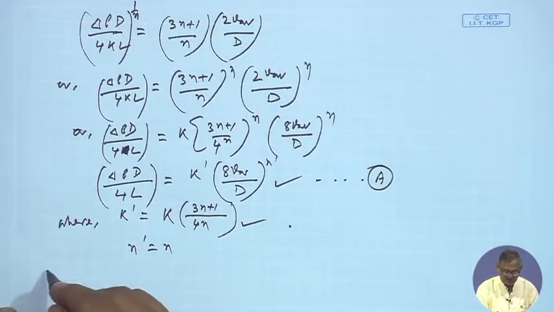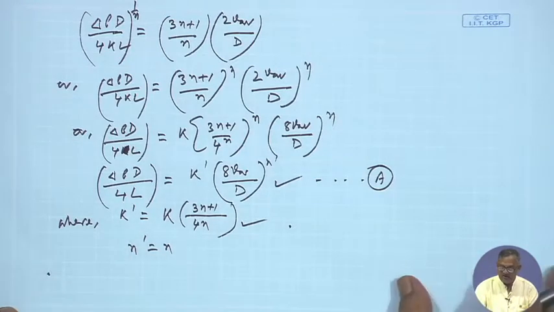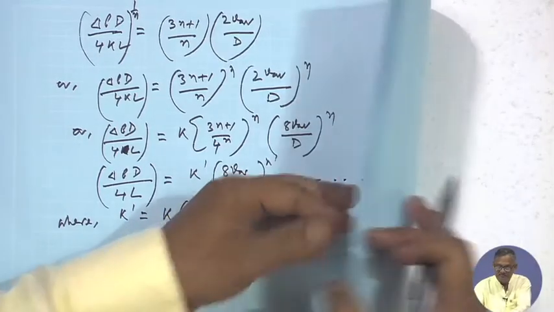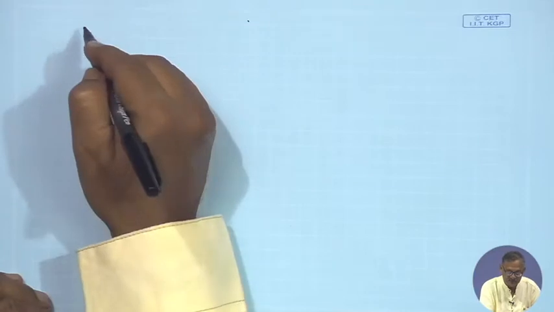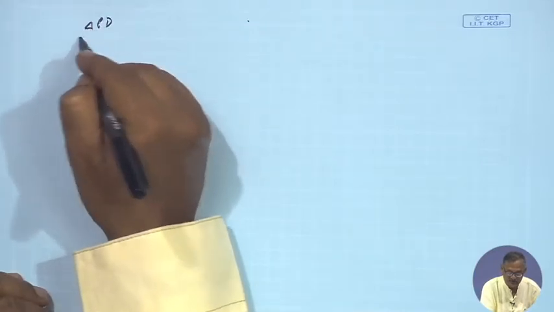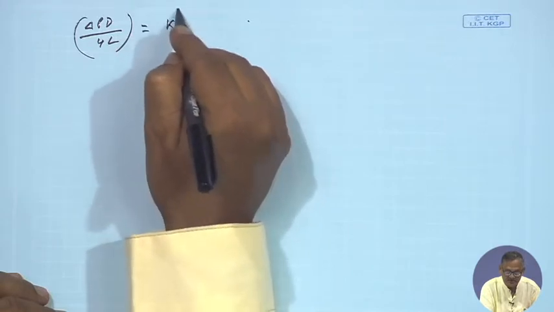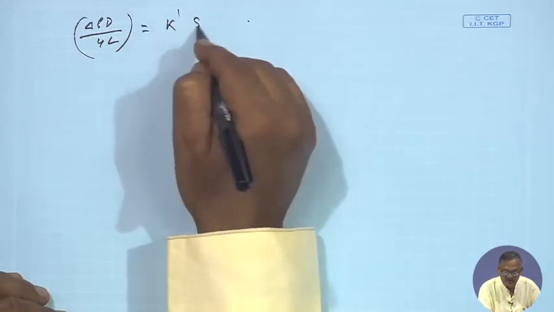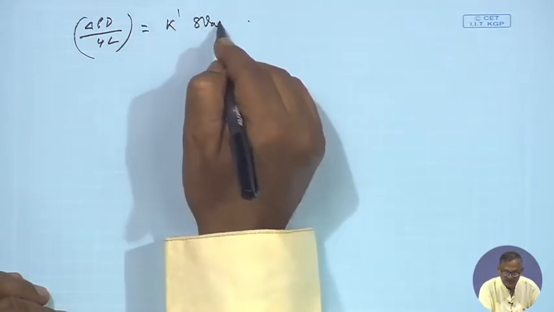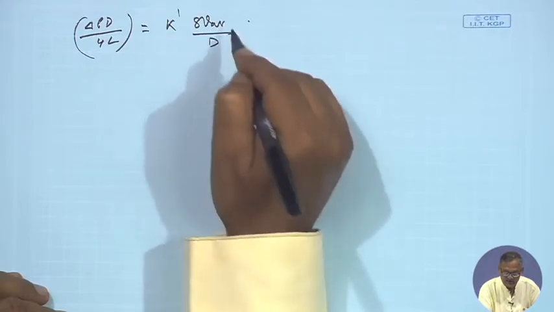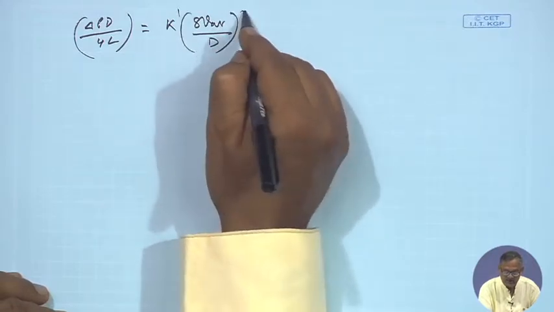Now in equation A, it was delta P d by 4L equals k prime into 8 V average by d to the power n prime.